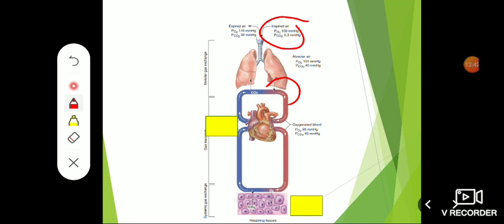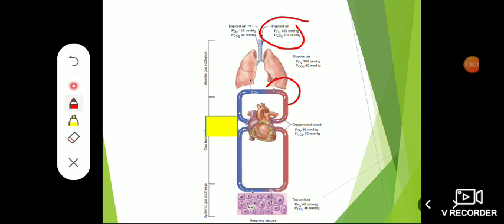So it is 95 to 98 is usually the partial pressure of arterial blood, and the CO2 is 40 millimeters of mercury because the blood is rich in the CO2 which is taken up by the tissues.